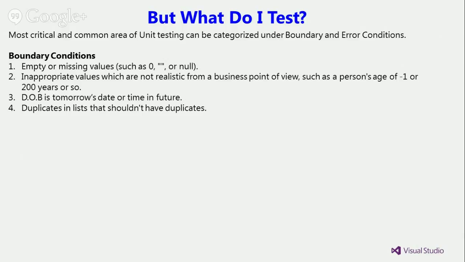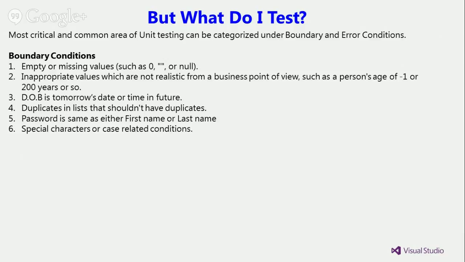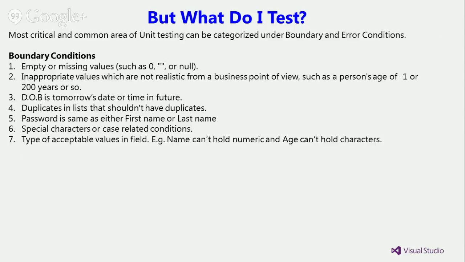Now, duplicates in a list. For example, you are working on a data structure, you are doing something in code. Let's say you are populating a list object and something is not supposed to be a duplicate. So these are some conditions which you can think of. Now, password is the same as either first name or last name. Special characters or case-related conditions. You are not allowing some special characters.